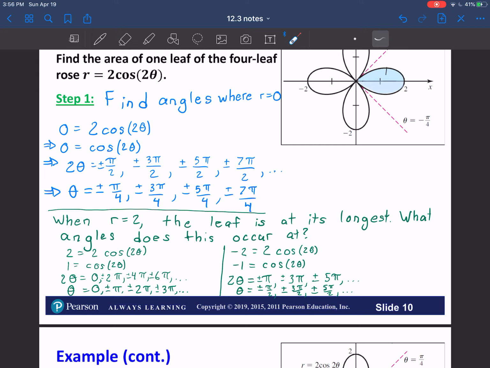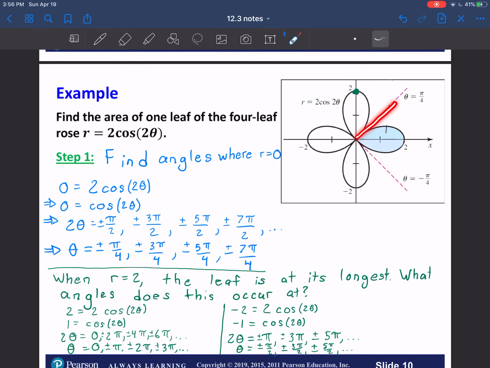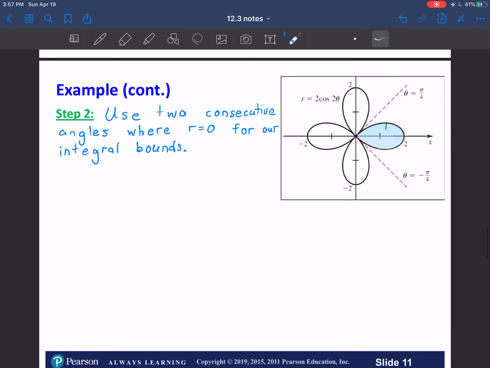For example, if we use negative pi over 4 and positive pi over 4, that will give us this leaf of the rose. If we were to instead use pi over 4 and 3 pi over 4, we would get this leaf of the rose. If we were to use 3 pi over 4 and 5 pi over 4, we would get this leaf of the rose, and so on and so forth. Any of those bounds will work.